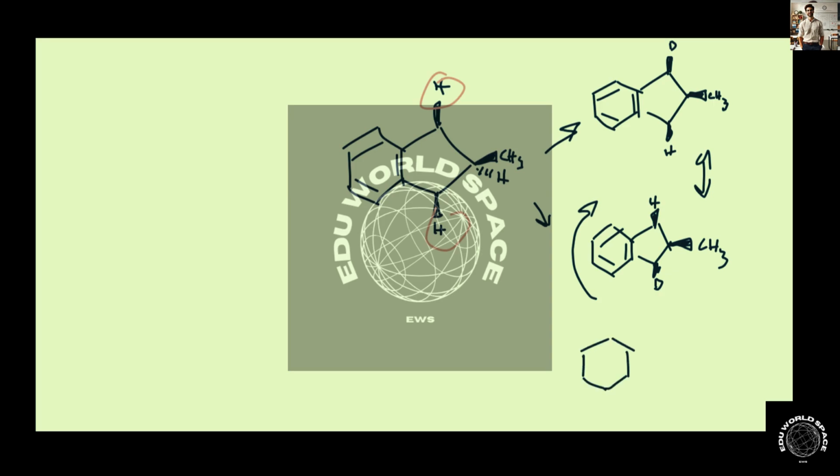So the deuterium will now be up above. But notice that would mean the deuterium, moving up to the top, will be on a hash rather than a wedge, right? And this methyl group, which was previously on a wedge, will now be on a hash. And then there's still just two hydrogens here, so it doesn't really matter if those are on a wedge or a hash.